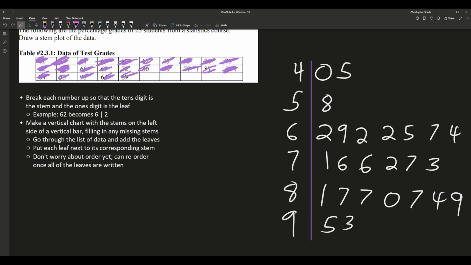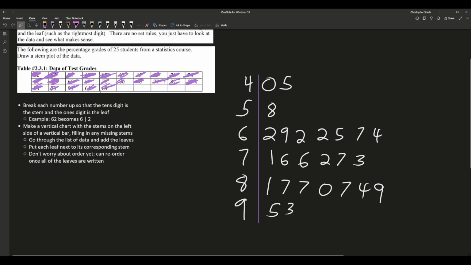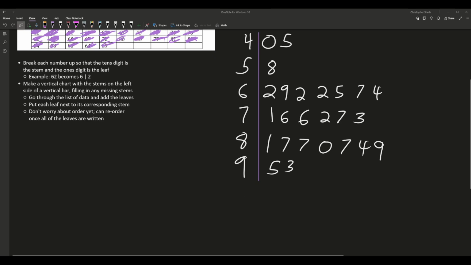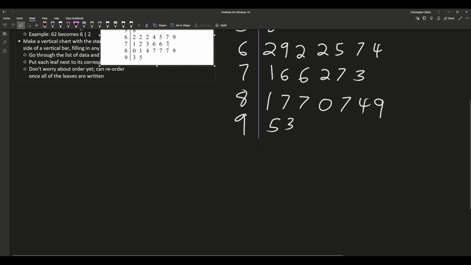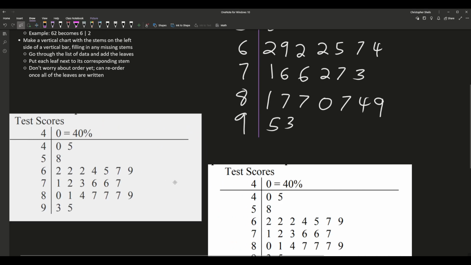With this, we can redo this stem plot while reordering the data. And if we do, and also providing a nice title as well, and a legend at the top, it should look something like this.